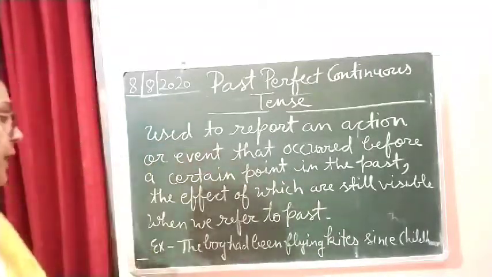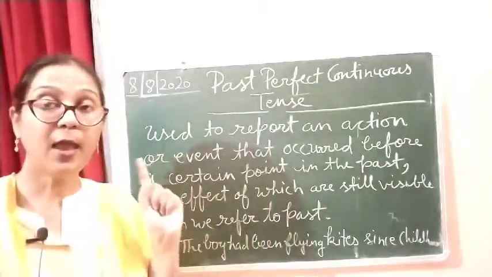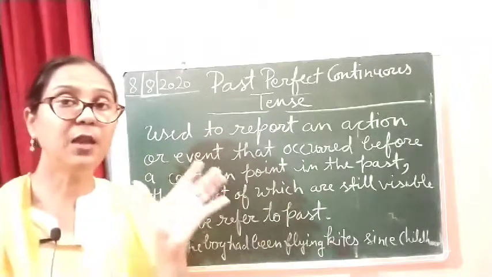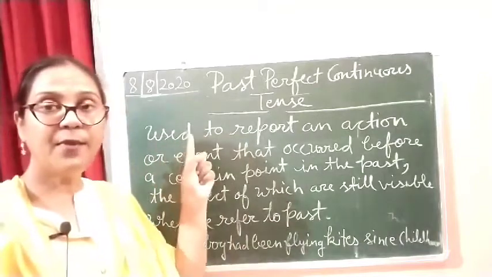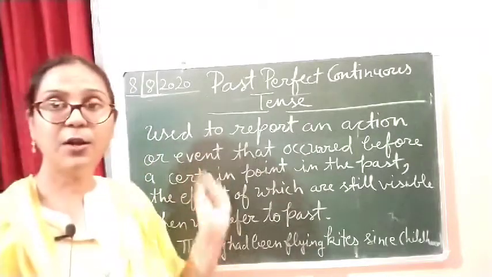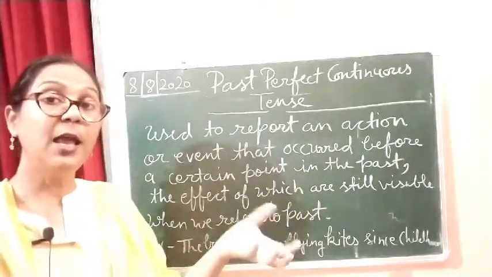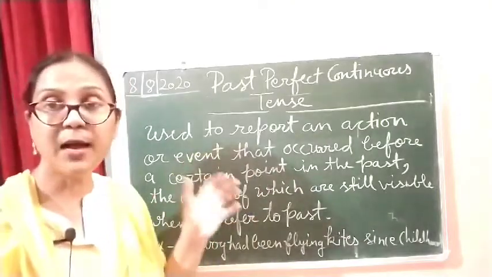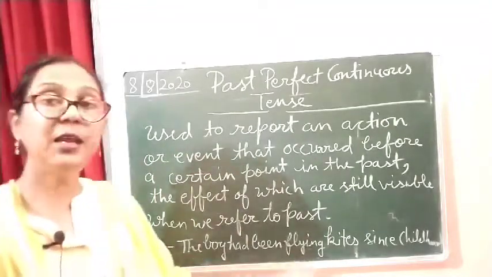For example, the boy had been flying kites since childhood. Here we have to pay attention to what words we use in past perfect continuous tense. In past perfect tense we used had, and now in past perfect continuous tense, because it is in continuous motion and it was completed also, and the effect remained in the past when we are referring to the past, we use the boy had been flying.